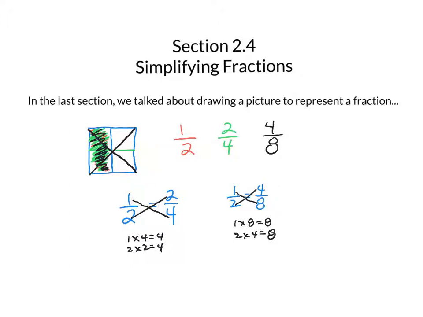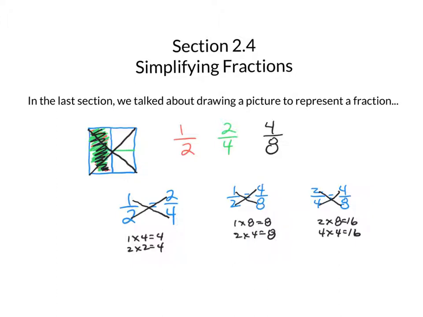I could do the same thing again with the 2/4 and the 4/8. I know that the 2/4 and the 4/8 are equal to each other. 2 times 8 gives me 16, and 4 times 4 gives me 16. So I know that all 3 of these are equivalent to each other.